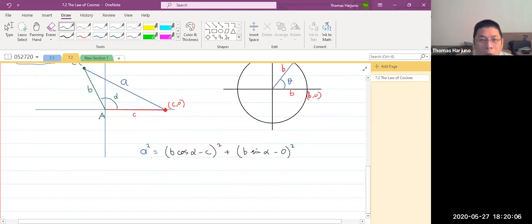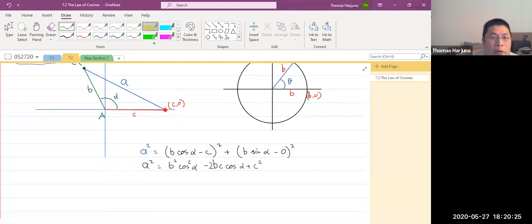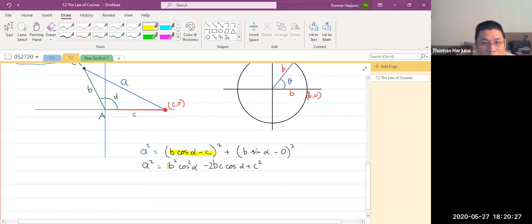Now, from here I go on. So a squared equals b squared cosine squared alpha minus 2bc cosine alpha plus c squared. I FOIL this guy, comes this.